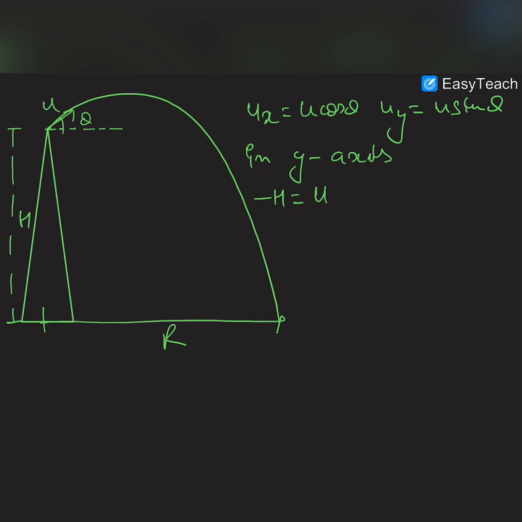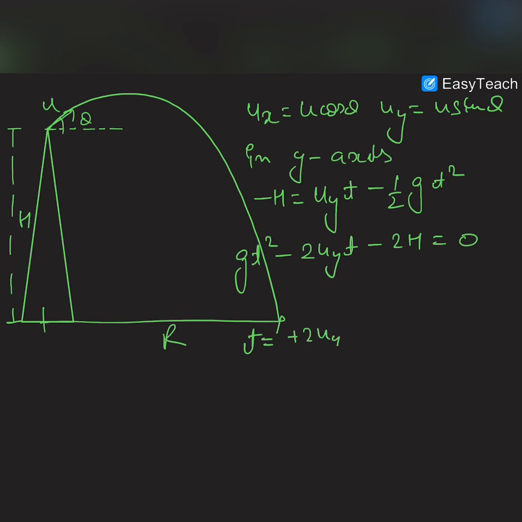In fact, let me write it down as uy only, and the time of flight is t, and minus half gt square. So you can see that gt square minus 2uyt minus 2h is equal to 0. This is the quadratic equation, and the time would be 2uy plus minus under root of 4uy square plus 8gh, divided by 2g.